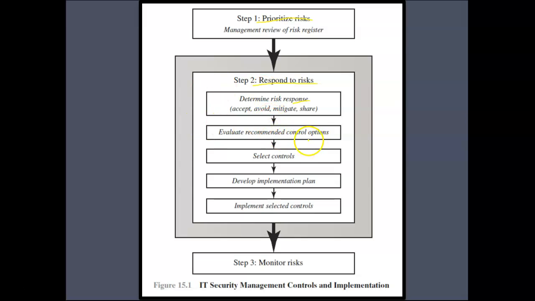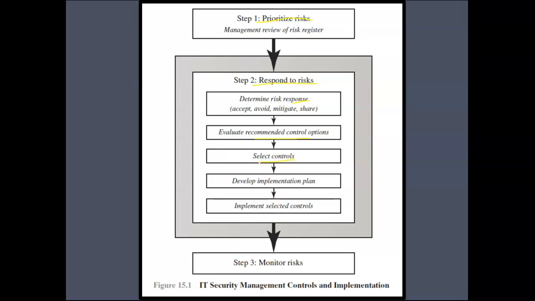Then we have to evaluate the recommended control options. Of course, we have many solutions, so we have to sit and discuss these. We have many recommended controls. We should select the most important controls.